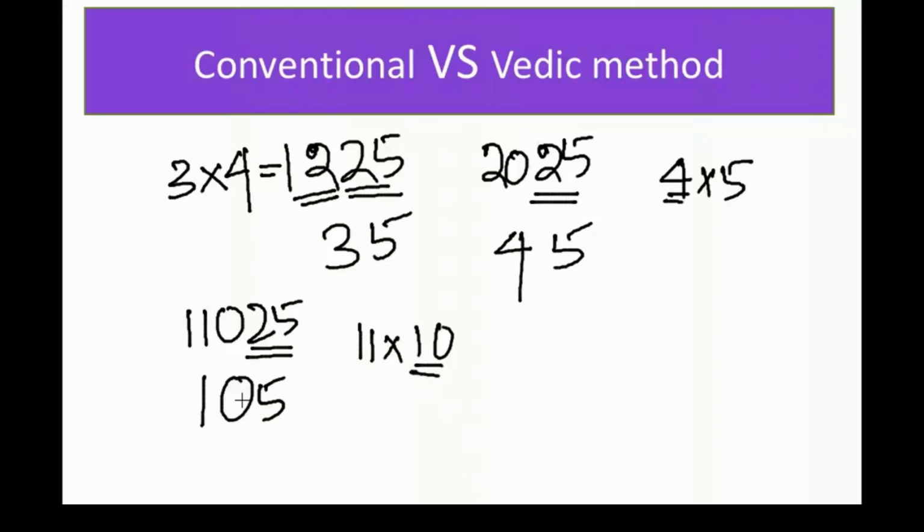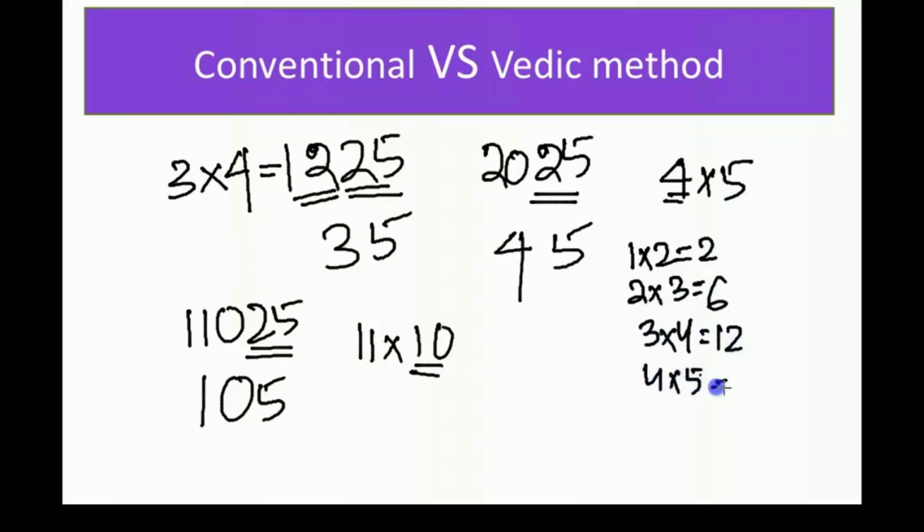You just have to apply the reverse method. Let's first start with a square so that we can understand it properly. 35 squared is 25 with 3 times 4, that is 12, so 1225. Let's say we do not have 35 squared, we just have the number 1225 and we want its square root.